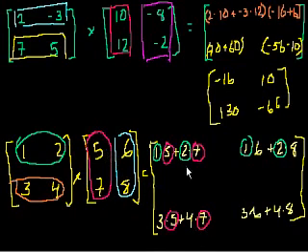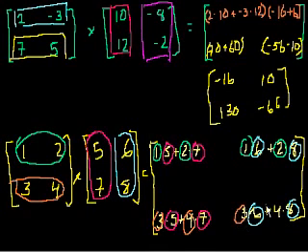Interesting: this was in column 1 in the second matrix, and this is in column 1 in the product matrix. Similarly, the 6 and the 8, that's this 6, this 8, and it's used here, this 6 and this 8. And finally we have this 3 and the 4 in the brown, so that's this 3, this 4, and this 3 and this 4.